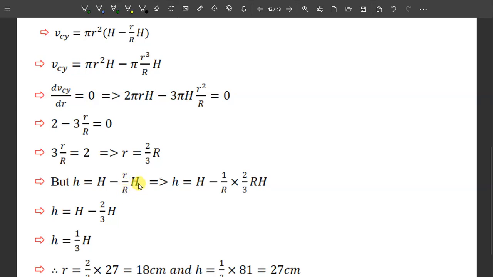But h is equal to capital H minus capital H over capital R times small r, which implies h is equal to capital H minus capital H over capital R multiplied by 2 over 3 capital R, since small r is 2 over 3 capital R. Replace r by this expression, and capital R cancels capital R. Finally, the height of the cylinder is equal to the height of the cone minus 2/3 of the height of the cone, which becomes 1/3 of the height of the cone.